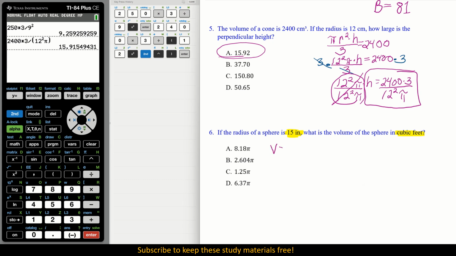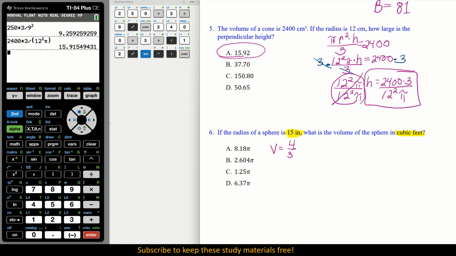We know that volume would be 4 over 3. Now, I usually like to say 4 r squared pi, divide the whole thing by 3, but formula sheets don't show you that, and for this situation, probably best not to do that.